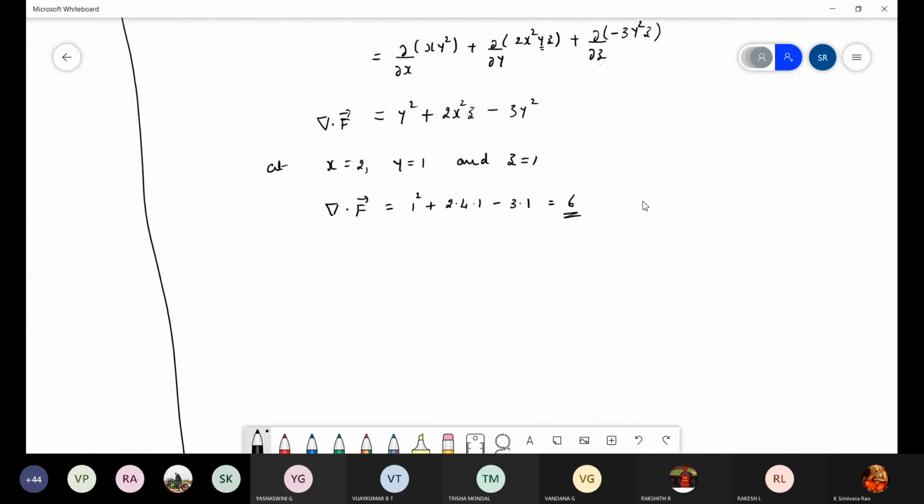We know that curl f equals del cross f, or write it in word form also. Curl f equals determinant of i j k, dou by dou x, dou by dou y, dou by dou z, and the components you can write directly: xy square first component, 2x square yz second component, and minus 3y square z third component.